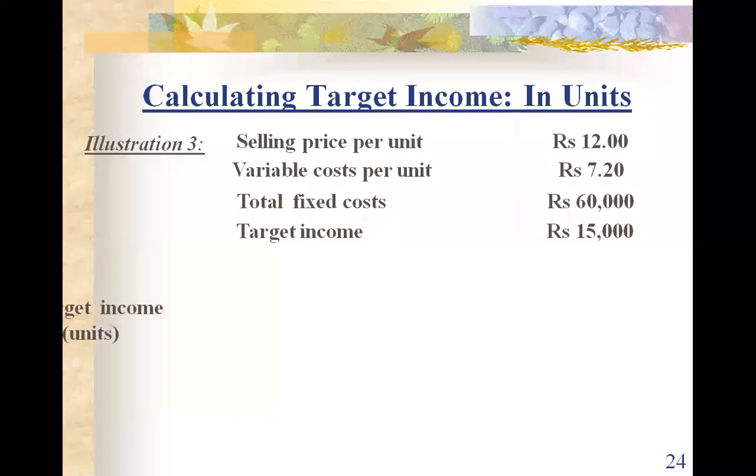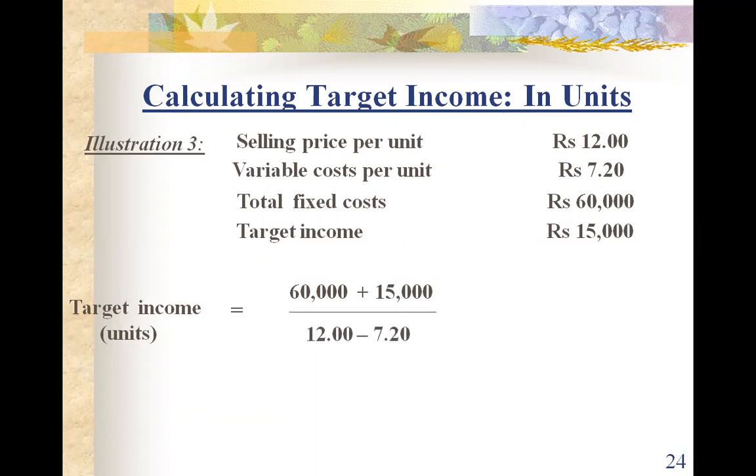Now see target income in unit: that is 60,000 plus 15,000 divided by contribution margin per unit. So here you see target income in unit. If you want to gain 15,000 income, then you must need to sell at least 75,000.